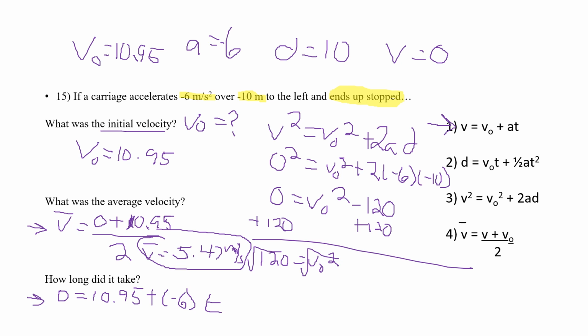T equals 1.825. Hopefully you can see this process gets faster the more you go through it. Have faith, trust in your abilities, and identify your variables.